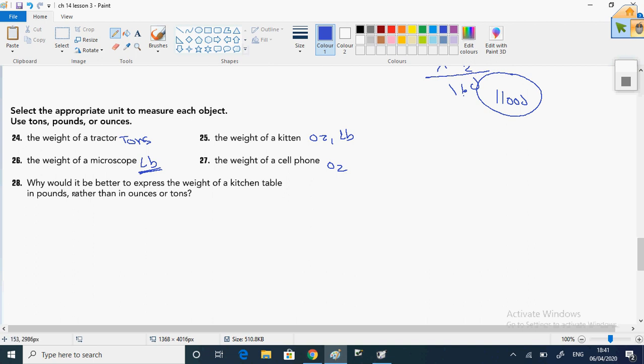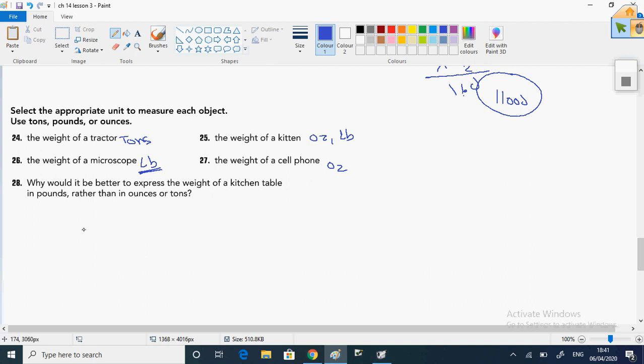Okay. Why would it be better to express the weight of a kitchen table in pounds rather than in ounces or tons? Here you can say ounces is very small.